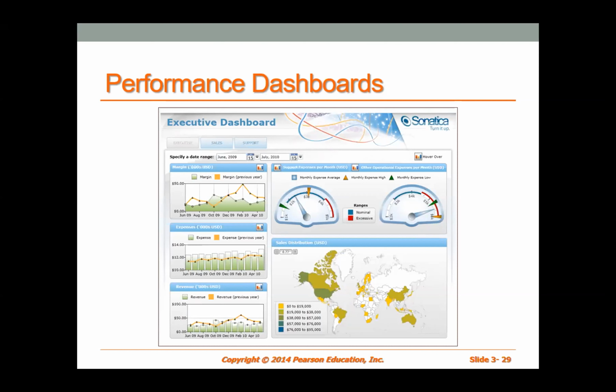I think it gives information about the products they sell, because there are the expenses, the revenue, the margin. Exactly. This is the margin, how much margin I have, how much expenses I have, and how much revenue I have, and where it's distributed. And expense per month.